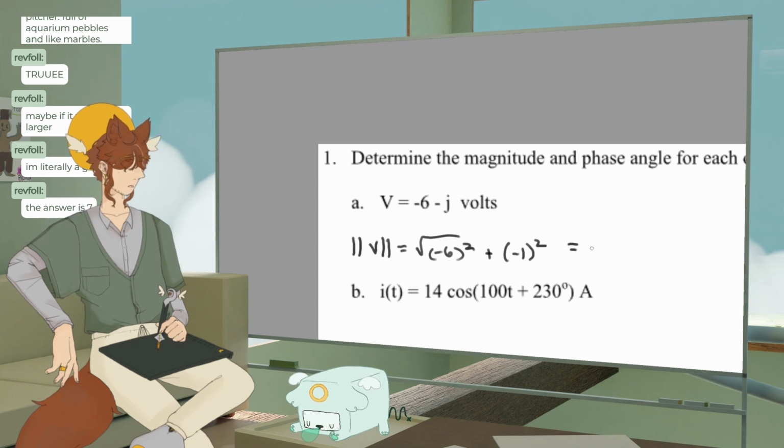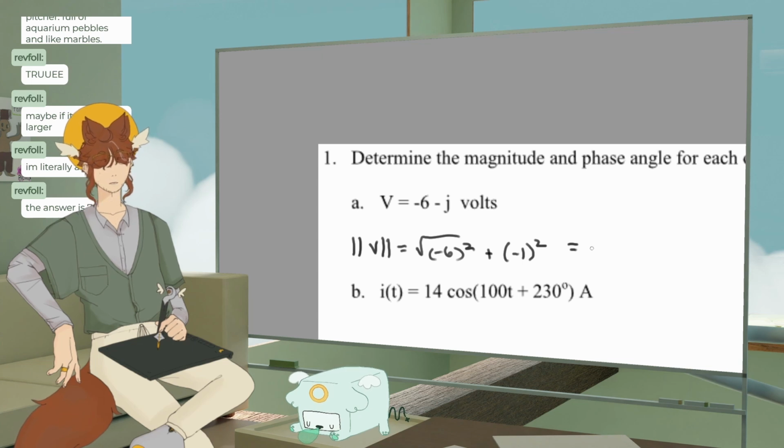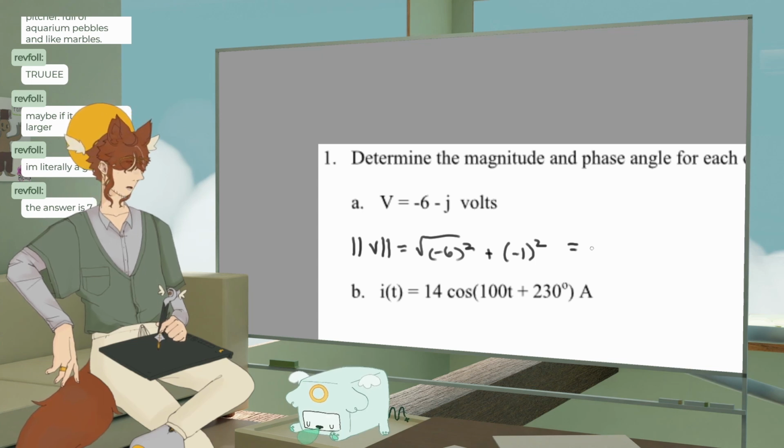Actually, no, it's probably gonna be in between 6 and 5. Or nothing, I could just be wrong with everything. Sorry, I'm getting my calculator out. Let's see. Square root 37. 6.08. Did I do that right? Maybe? Sure. Fuck it, we ball.